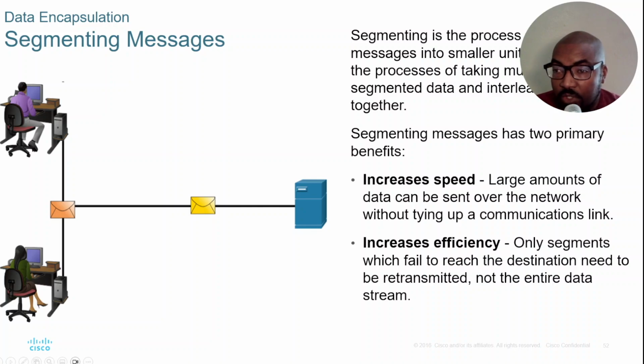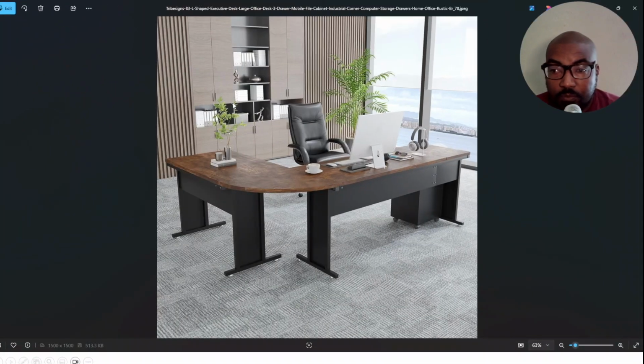So, I want to show you this picture here. This is a big computer desk. And if you were to go to Home Depot, or let's say you're online shopping, and you buy this desk, my question to you is, do you think this whole thing is going to show up in one big box? Or do you potentially feel like this may be broken up into sections?